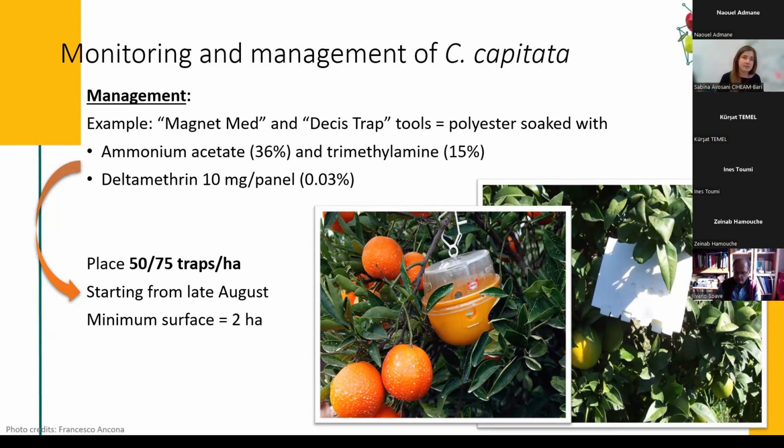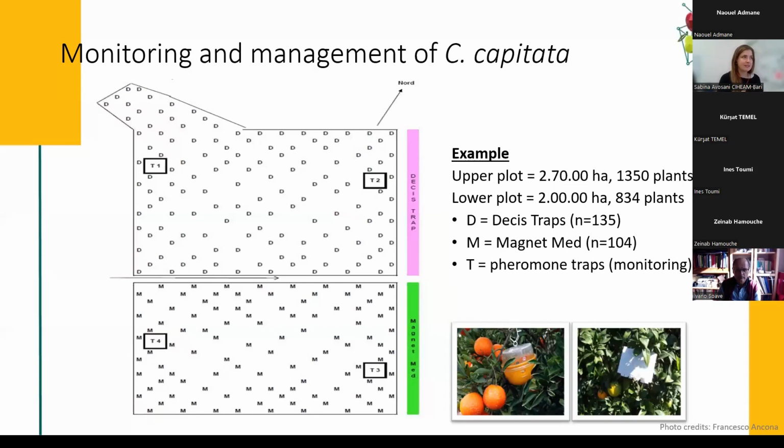And you can start from late August, but again, before the fruit change color is important. Here in this slide, I just wanted to show you how an homogeneous placement of the trap is important.